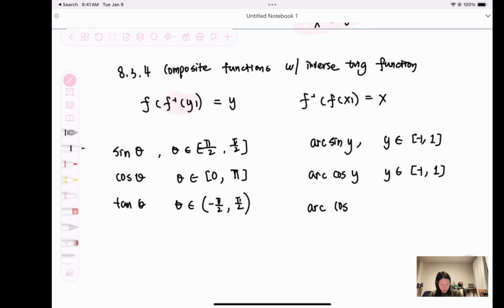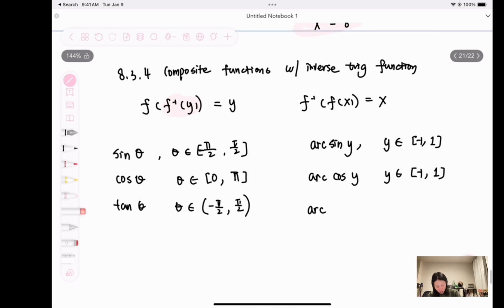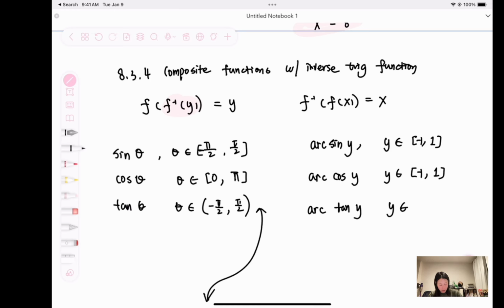And for the tangent inverse function, if you remember the graph, it goes all the way up and all the way down, so that means this is from -infinity to infinity. Okay, so that's a quick review.